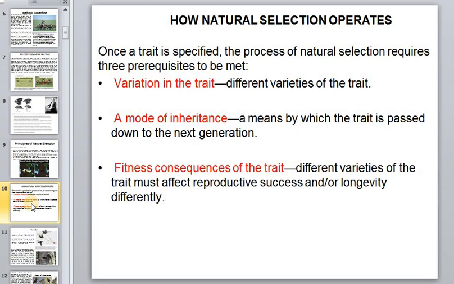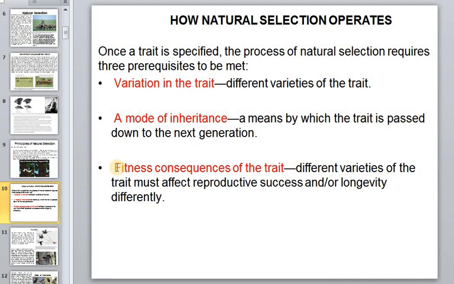Once a trait is specified, the process of natural selection requires three very important things: variation of the trait, its different varieties; a mode of inheritance, a means by which the trait is passed down to the next generation; and a fitness of the trait.